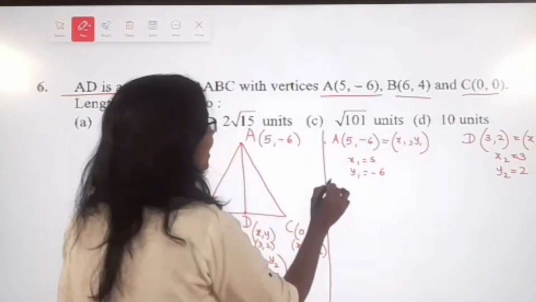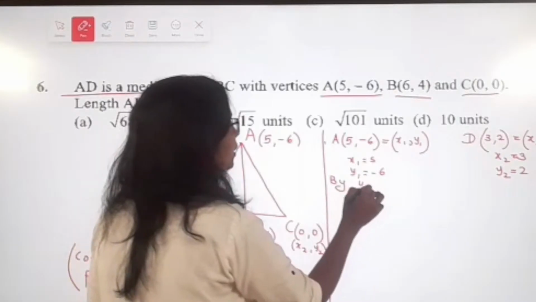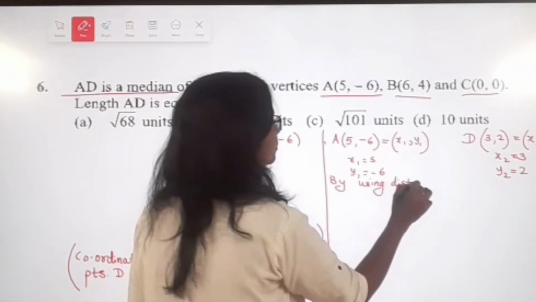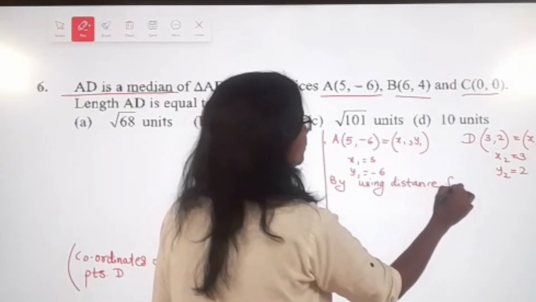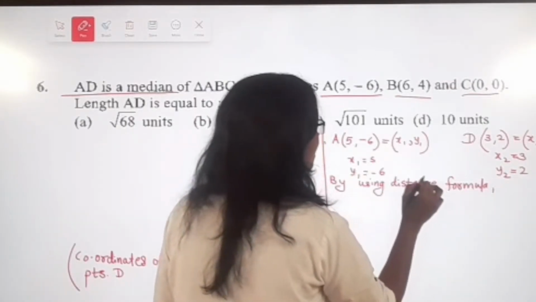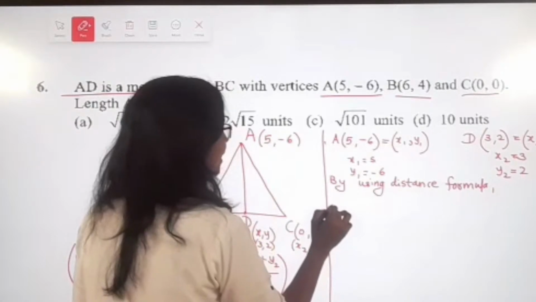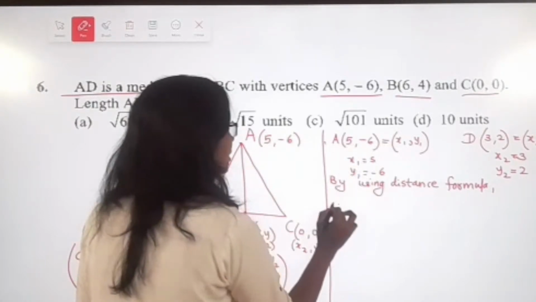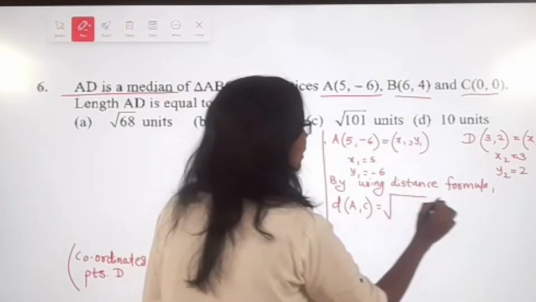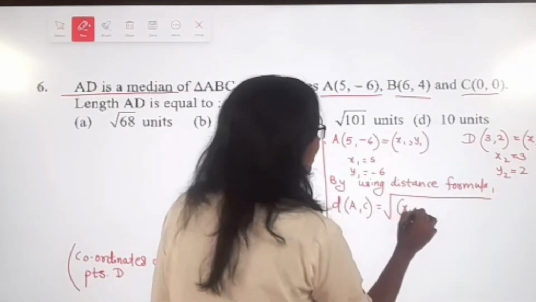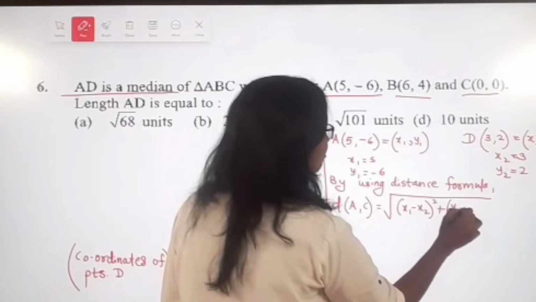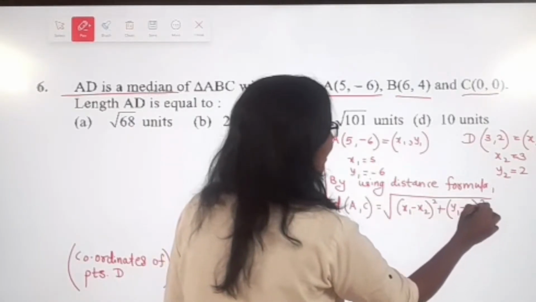So now here, by using the distance formula, we can say that the distance from A to D is equal to the square root of (x1 minus x2) whole square plus (y1 minus y2) whole square.